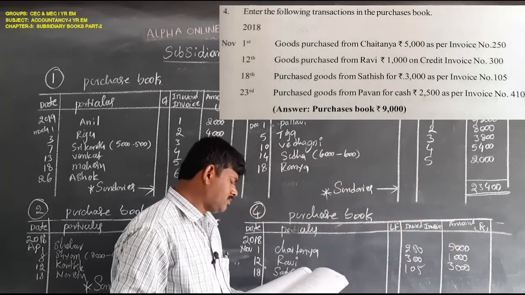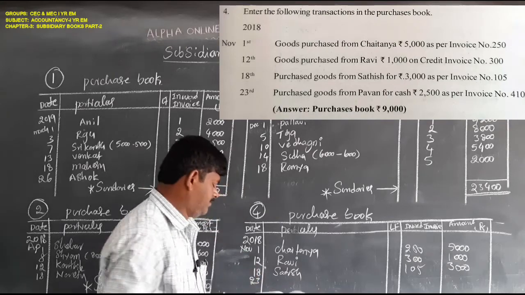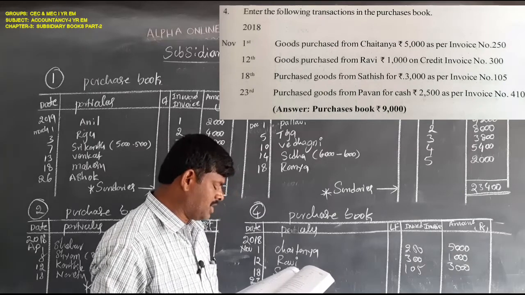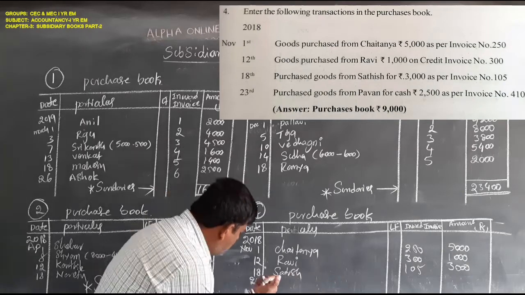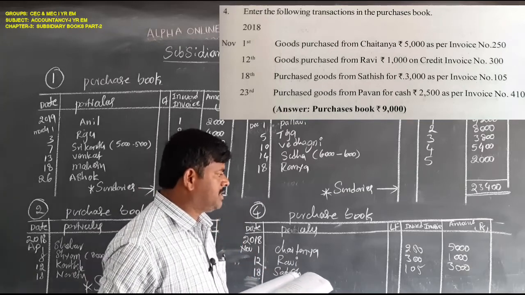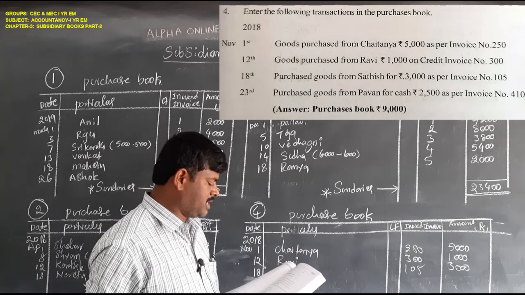Next, date 25th, purchase from Pavan per cash. It does not come under this book. Why? Because it records only credit purchases. There is no need to take cash purchases of goods.